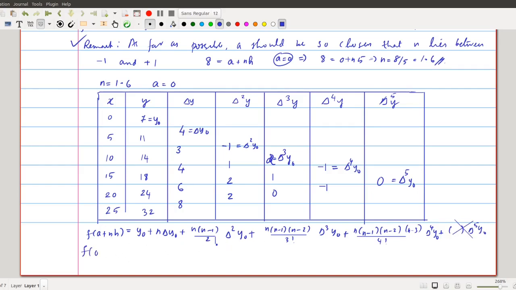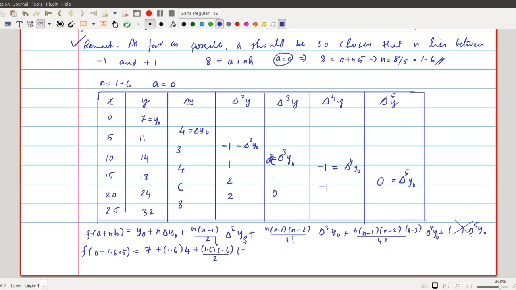So f of 0 plus this will be 8, so nh is equal to 8, n is 1.6 here and h is 5. So please substitute this on the right hand side. You will get y naught is 7, so here we have 7 plus 1.6 times delta y naught, that is 4, plus 1.6 into 0.6, that is n into n minus 1 by 2 factorial, into delta square y naught.